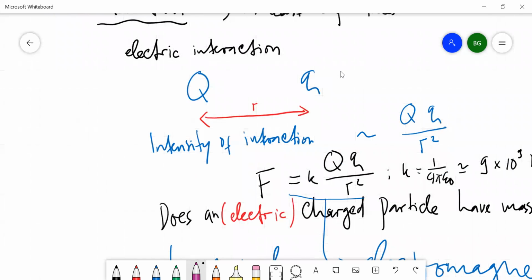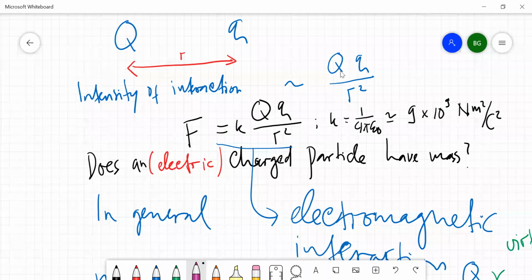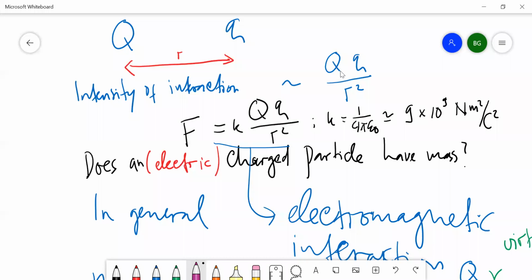So because of this intensity of interaction, we could define that this is basically the force. This F, we call it F here, is F equals K Q times Q over R squared.